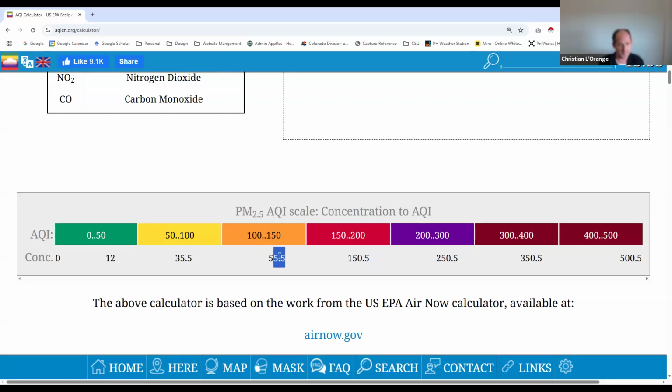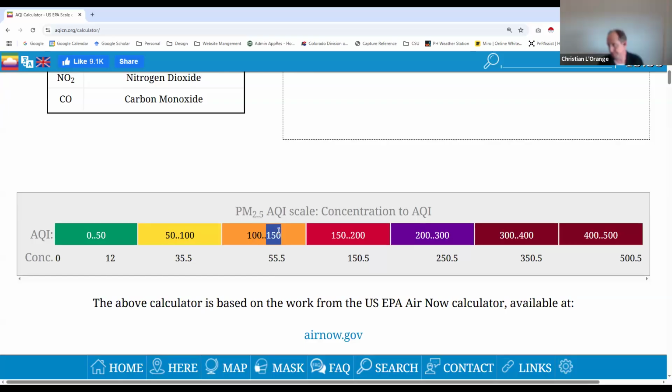So for PM 55.5, that's 150 AQI. So if we were measuring 55, right now we'd be displaying orange on the screen, and we'd be saying AQI 55.5 and showing orange. But that would also just be for the PM piece of it.